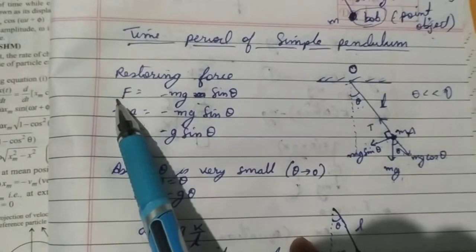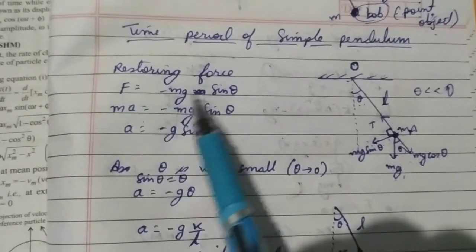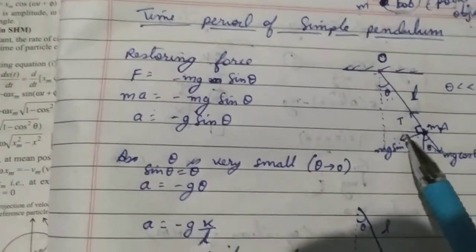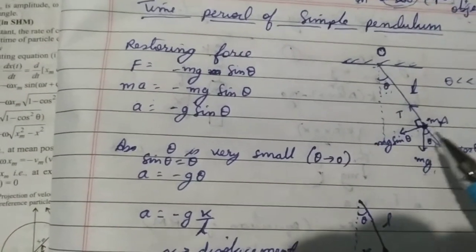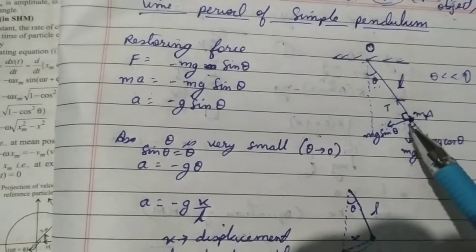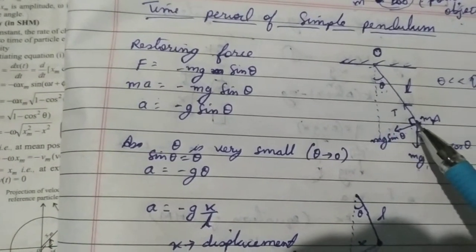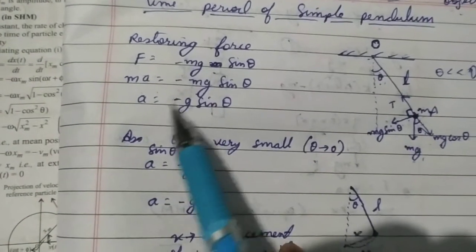We have simply substituted the value of F as ma. And there will be a negative sign over here. Why? Because this force is acting in the opposite direction of the displacement. We have displaced this bob or mass in this direction from the mean position, and the force is acting in the opposite direction. So we have to put a negative sign over here.